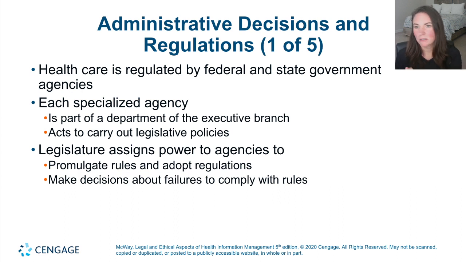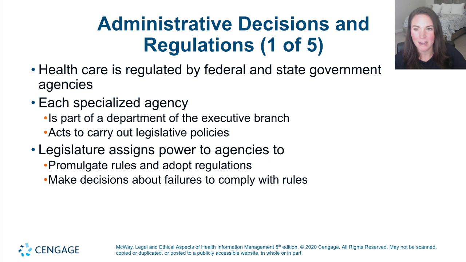So a healthcare administrative agency probably knows a good bit more about what goes on in a hospital. It actually makes more sense to me, at least, that they should be the ones to write a law about healthcare instead of the people in Congress that only go to the hospital when they're sick.